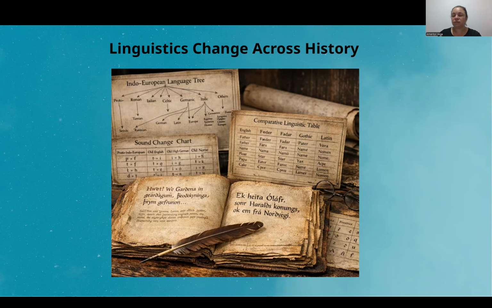Also, the semantic shift: words acquire new meanings. The word nice once meant foolish or silly in Middle English, but changed to mean pleasant over time. And why do these changes occur? Languages change to accommodate new ideas and to express cultural identities.